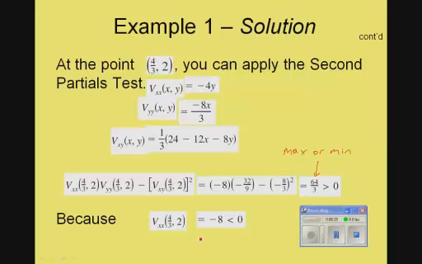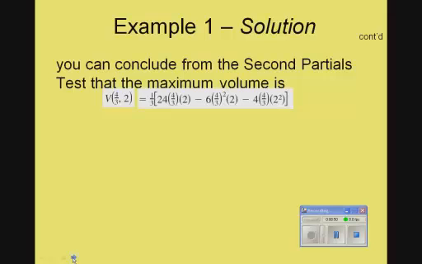And so what I do is I look at just VXX, because then I'm just doing Calc 1 in a sense. I just took the second derivative in the Calc 1 world. And since it's negative, that means concave down. And concave down tells me what kind of point did I just find? Maximum.